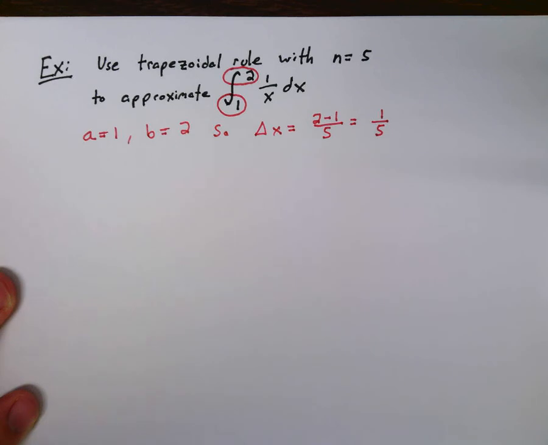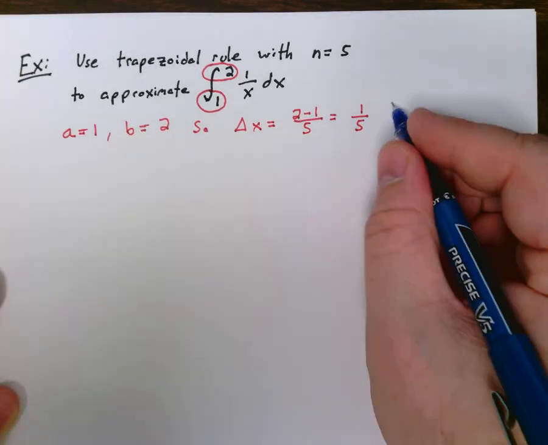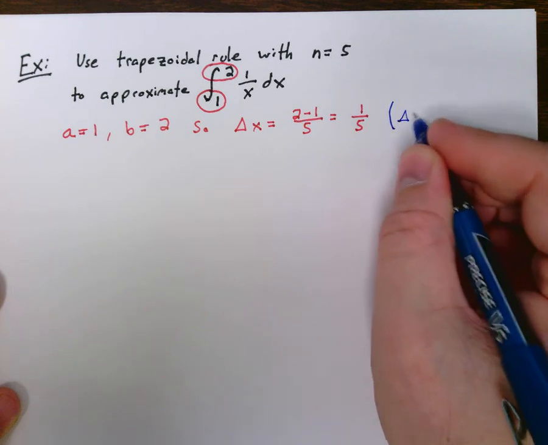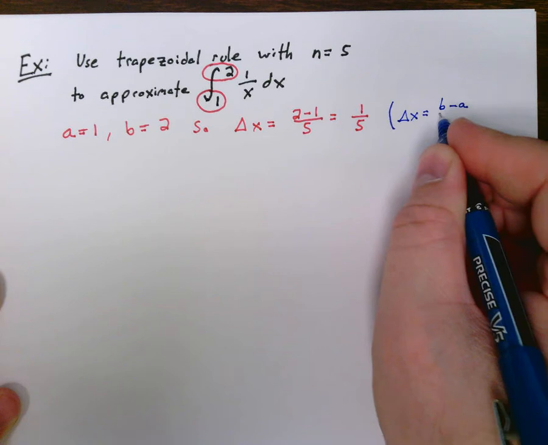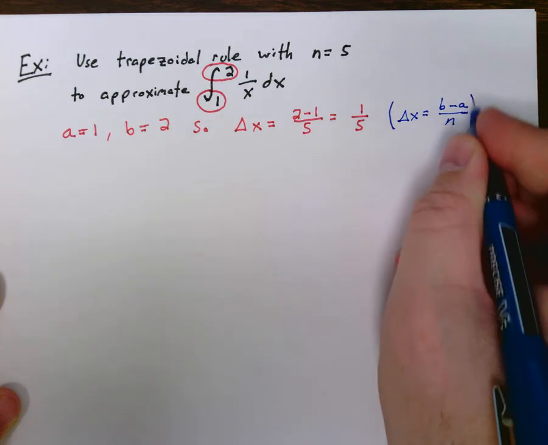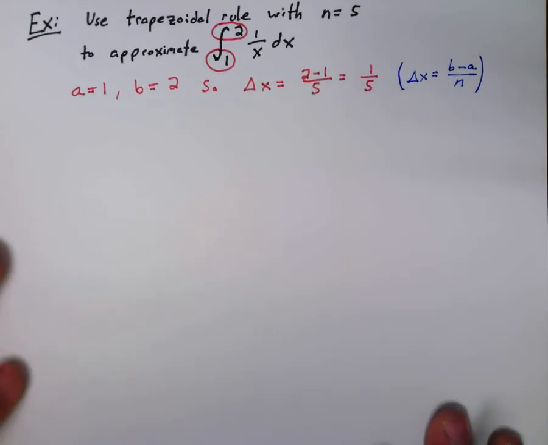Now remember the formula for this, I should put this in parentheses just to remind you. Delta x is the same as before. With rectangles, it's just b minus a over n. So it's b minus a over n. Okay.